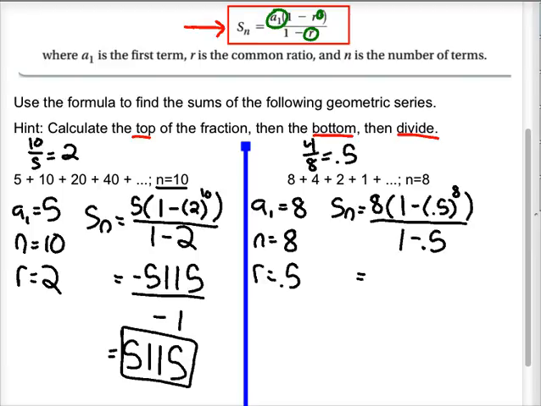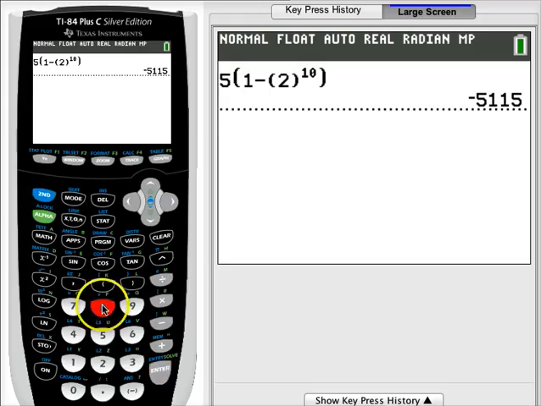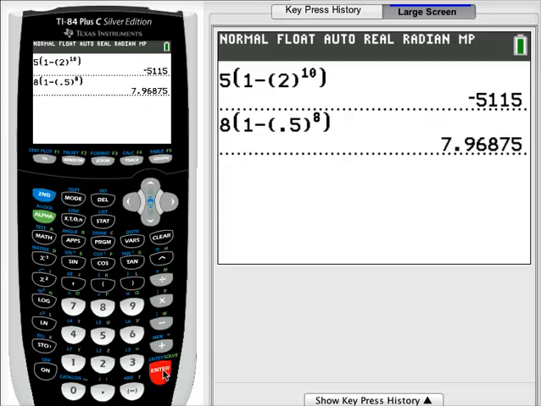So let's plug the top into the calculator. 8 times 1 minus 0.5. This time we're doing to the 8th power. Calculate that. And yes, you do need all the decimal places. Okay, I don't want you rounding. So make sure you write down all the decimal places.